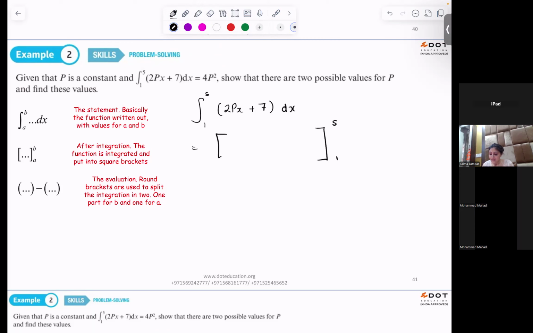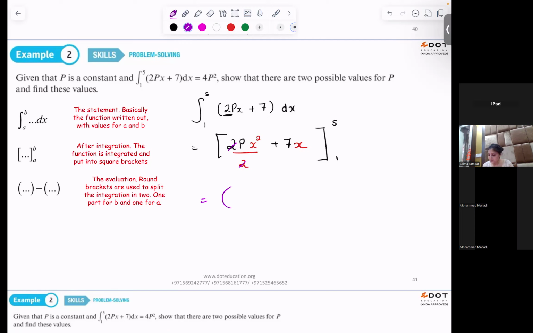The entire 2p is a constant. How do I integrate this? Increase the power of x by 1 divided by the new power. What I'm going to be left with is px square plus 7x.